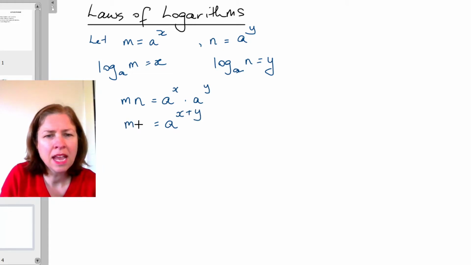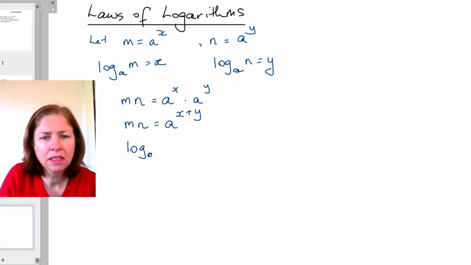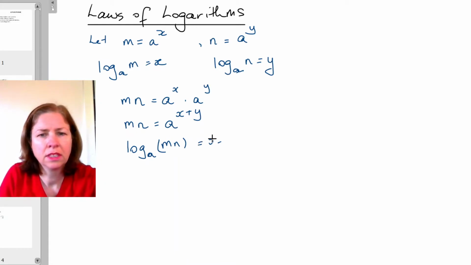So that means that m times n equals a to the power of x plus y. So if I rewrite that now as a logarithm, that tells me that log base a of mn is going to be equal to x plus y.